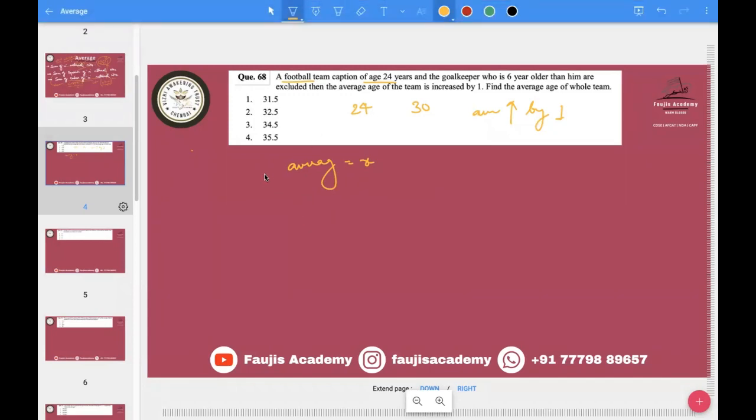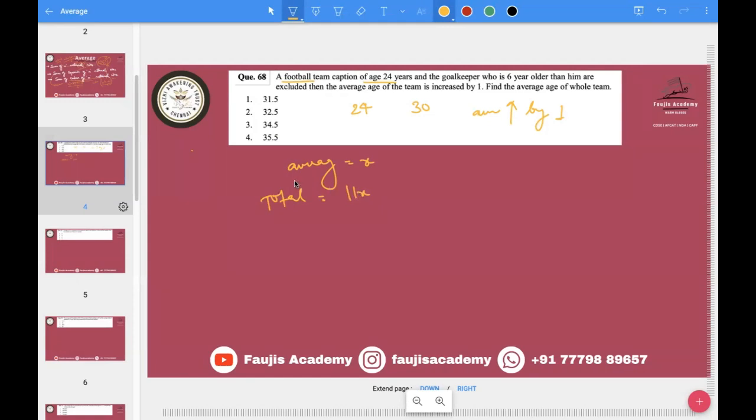Do you know how many players there are in one team in a football match? 11, sir. So the total age will be 11x, right?